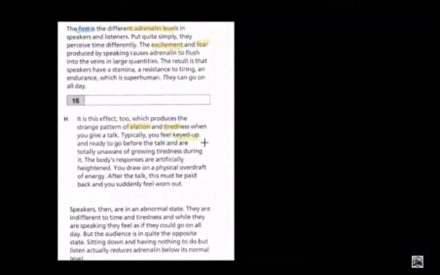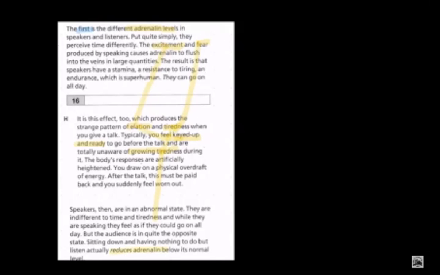Keyed up and ready and growing tiredness. So I think here we have the excitement, the elation, the fear, the tiredness, the elation, the keyed up, the tiredness. Again, I've got these lines through. Oh, and then we've got tiredness again. And then sitting down reduces the adrenaline.